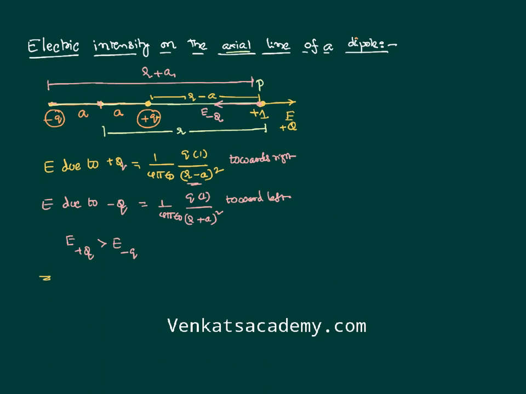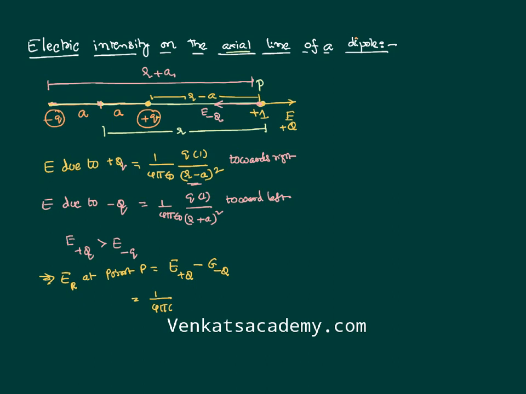So if I have to calculate E resultant, the resultant intensity at point P, I would say intensity due to the positive charge minus intensity due to the negative charge, because they are in opposite directions.